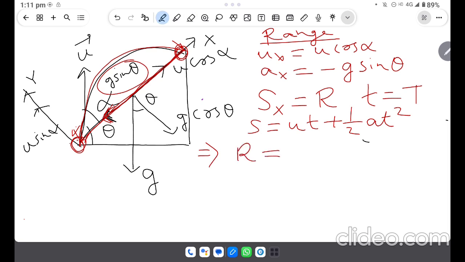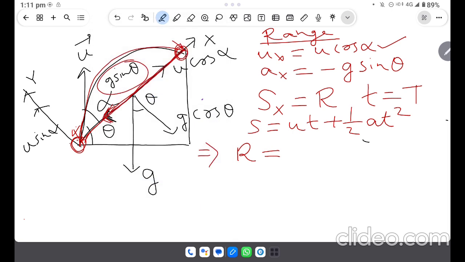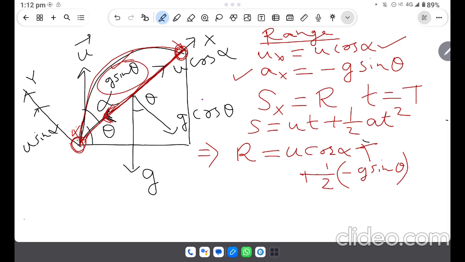Here u is u cos alpha multiplied by small t, which is capital T, plus half multiplied by a, which is minus g sin theta, multiplied by capital T square.